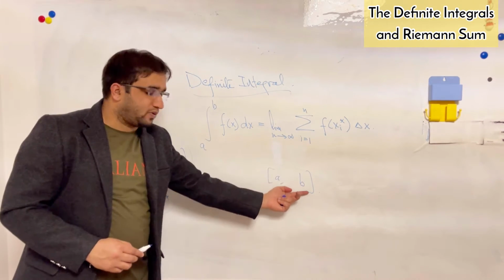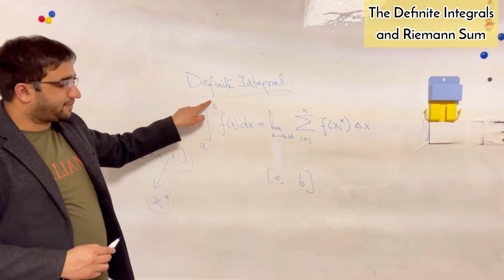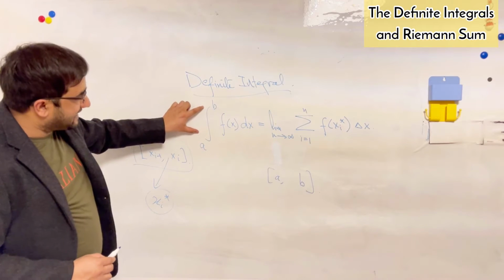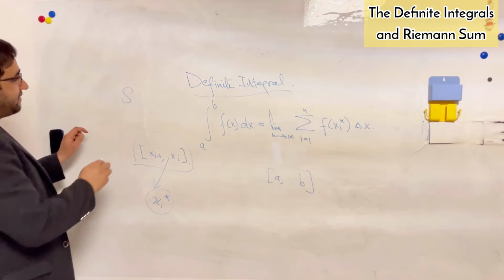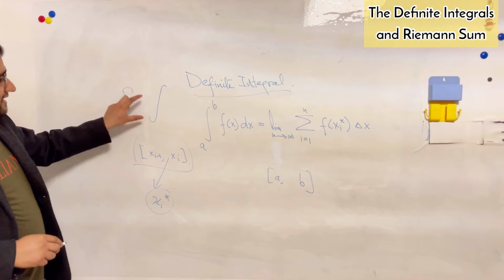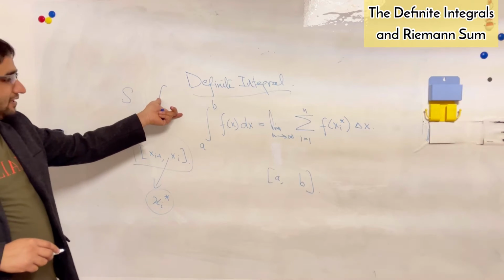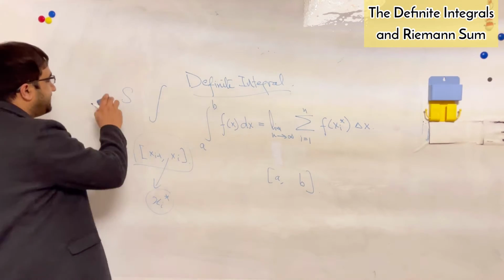This is the lower limit, this is the upper limit, and this is an elongated s. This is actually s, but you stretch it a little. When you stretch your s like this, it becomes an integral, and the person behind this stretching was Leibniz.